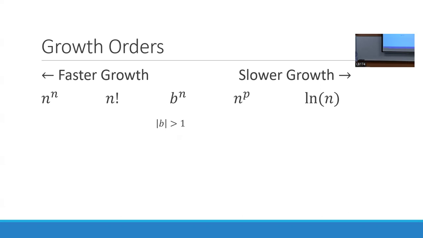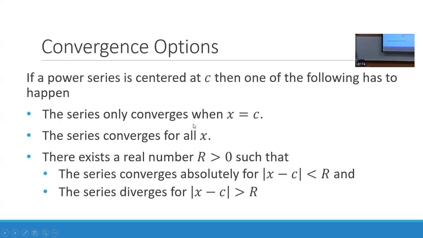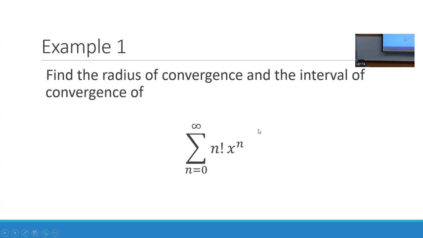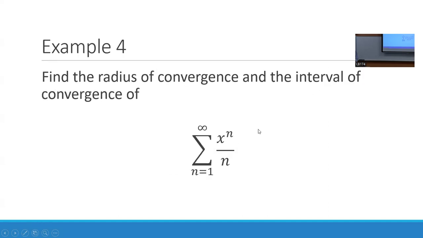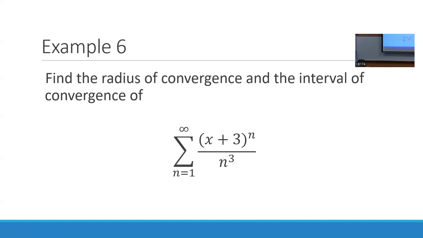It all had to do with what was the fastest growth. In these power series, there's always an exponential piece around because we always have this x minus c to the nth power. But inside the a sub n, there might be other either faster or slower growth. We saw a few of these last time and saw where the radius of convergence was.